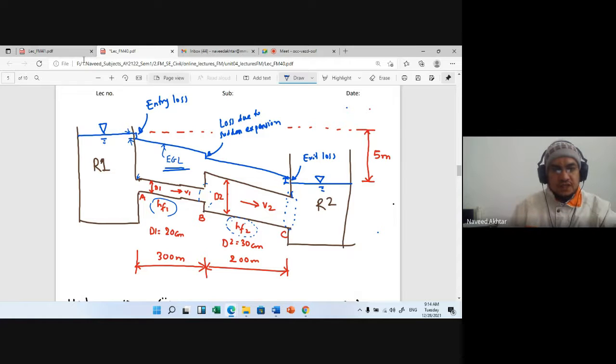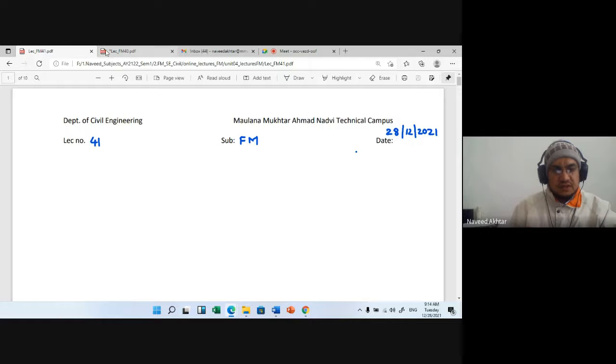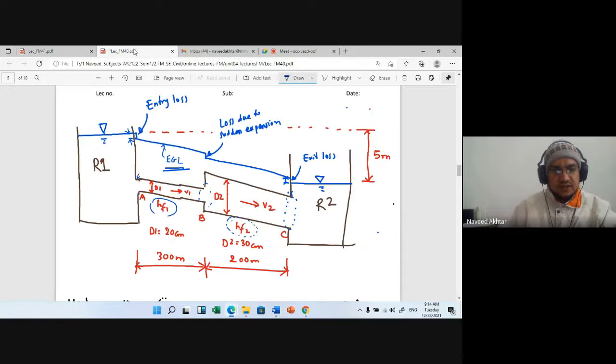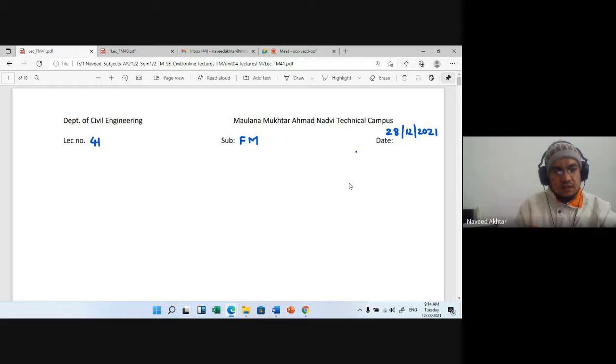So in this example, you can see that the example is given. What is given? You can write down here the length L1.